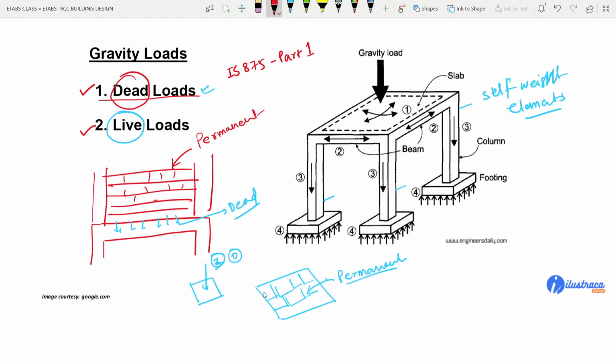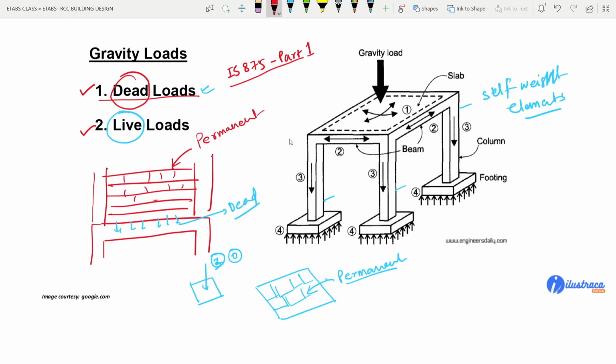Suppose we have vitrified tiles or different kinds of tiles, we have RCC, red brick walls, or maybe AAC blocks. So what is the unit weight of those elements, it is given in this IS 875. Now depending on the thickness of the wall, depending on the thickness of the floor finish, you can find out the dead weight or dead load coming on the slab.